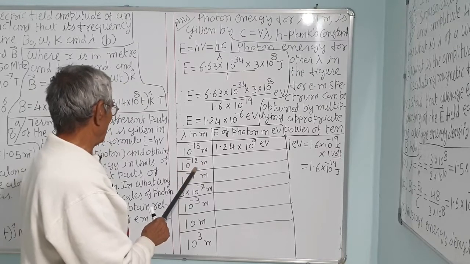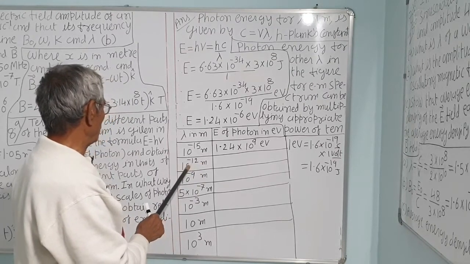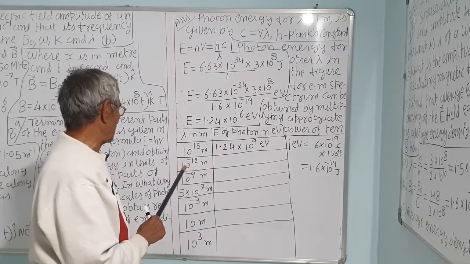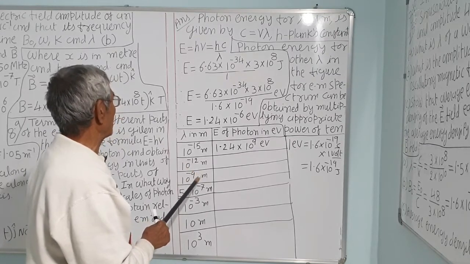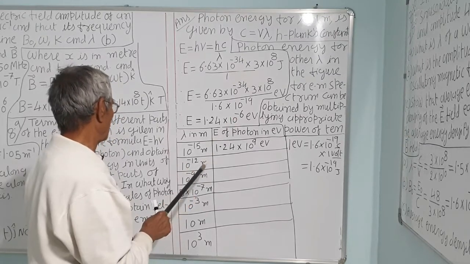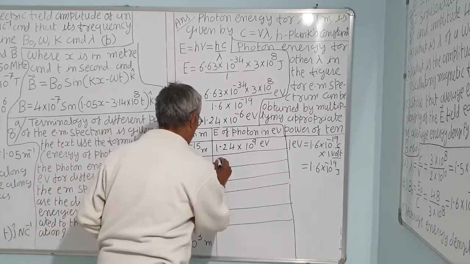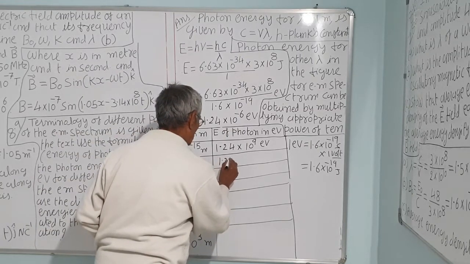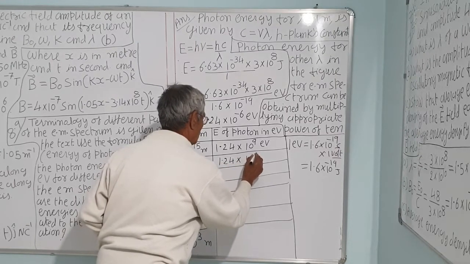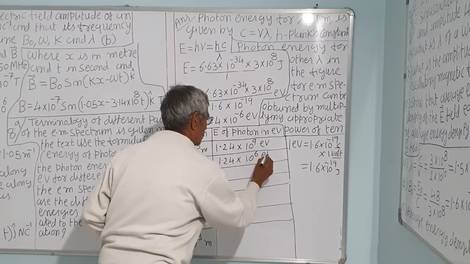Suppose the lambda of the electromagnetic wave is 10 raised to minus 12 meter. Then minus 12 will become plus, so plus 6. So it will be 1.24 into 10 raised to 6 electron volt, correct.